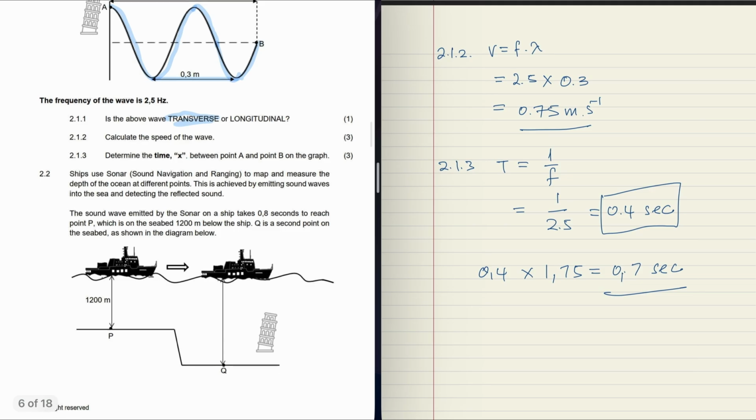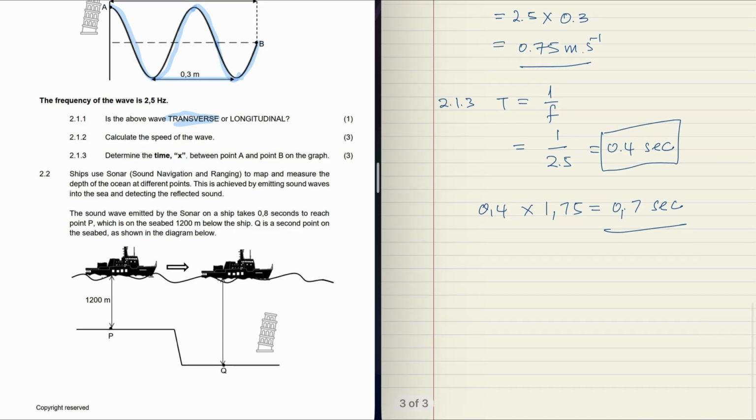Question 2.2. Ships use sonar to map and measure the depth of the ocean at different points. This is achieved by emitting sound waves into the sea and detecting the reflected sound. The sound waves emitted by the sonar on a ship take 0.8 seconds to reach point P, which is on the seabed 1,200 meters below the ship. Q is a second point on the seabed as shown in the diagram below.